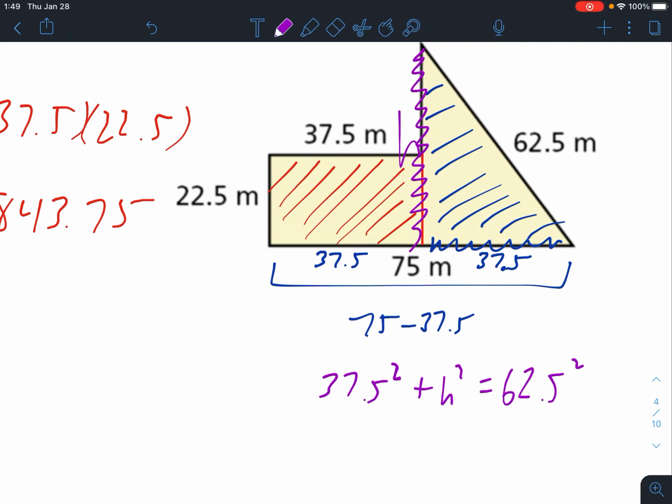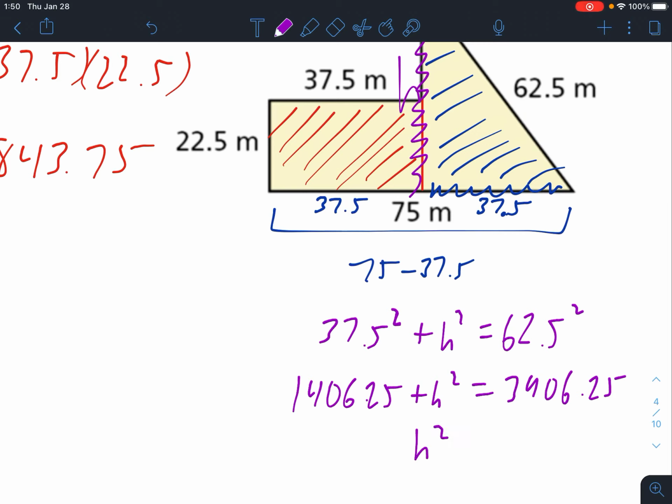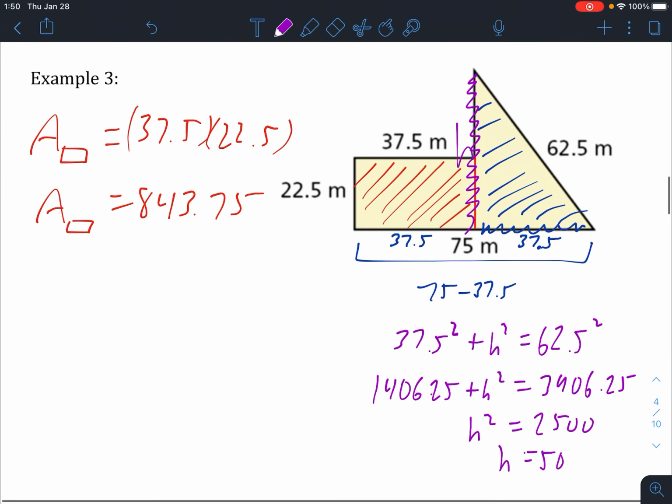All right, 37.5 squared is 1406.25. 62.5 squared is 3906.25. Subtracting, we get h squared is 2500. And then the square root of that, our height is 50. So this purple line here is 50.